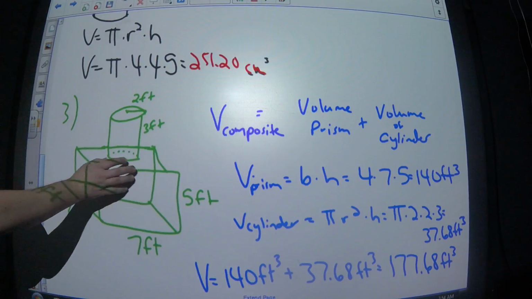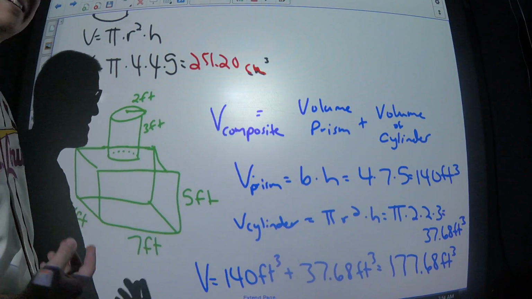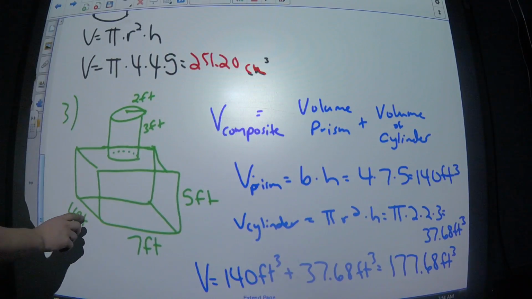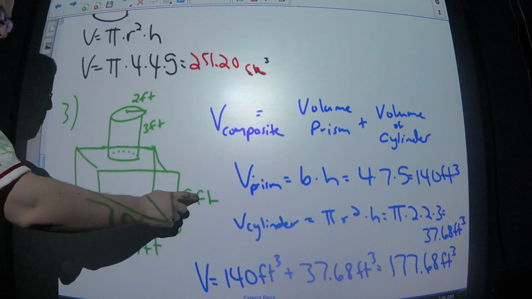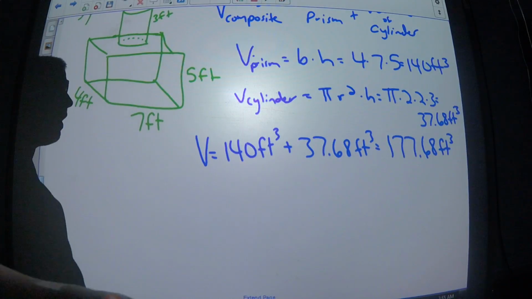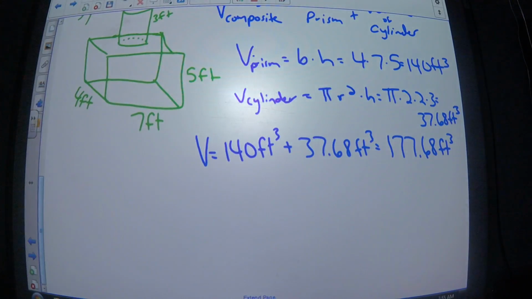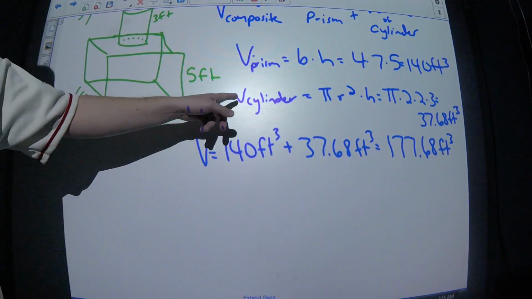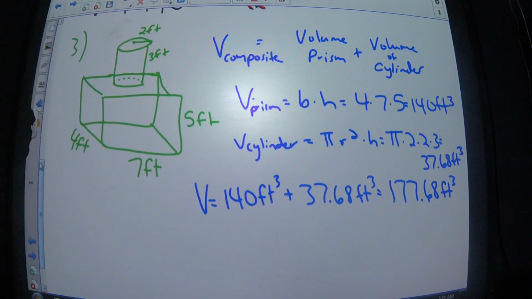The volume of this rectangular prism is base times height, and the base is 4 and 7. So 4 times 7, which is 28, times 5, is going to give you 140 feet cubed. Then you find the volume of the cylinder. The radius was 2 feet.